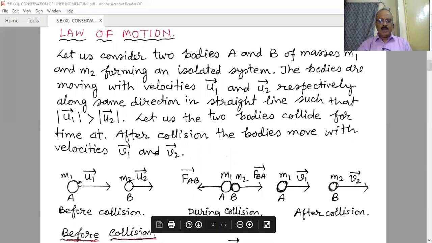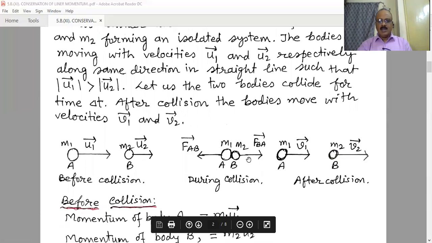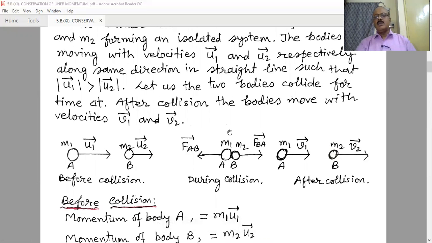And therefore, there will be a collision between the objects A and B, that means masses m1 and m2, after a certain time, because u1 is greater than u2 and these two are moving along the same direction. And here the collision takes place. The two bodies collide for the time delta t, the duration of the collision, and that should be a very small time interval.